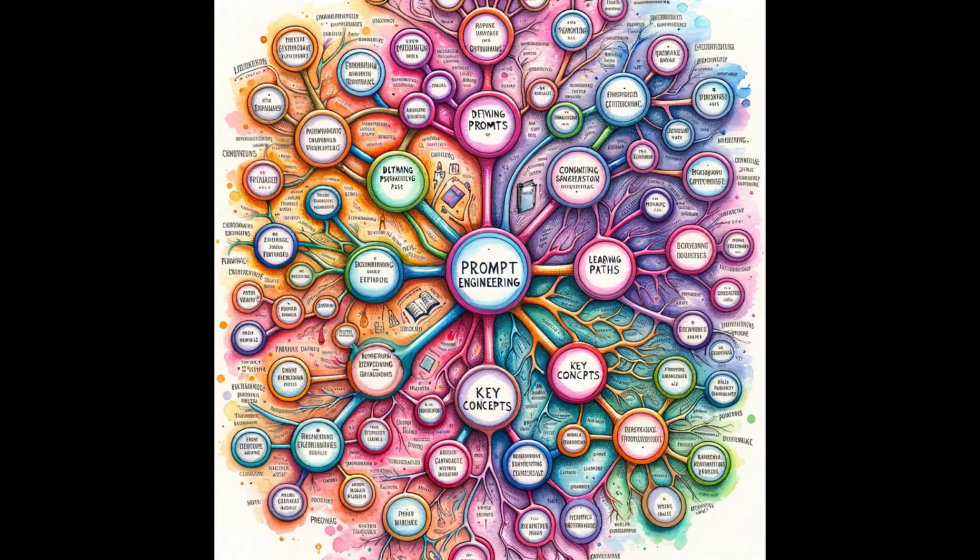Exactly. And the matrix is great because you can categorize everything by complexity, by use case, by which AI model you're using. Right, so you don't have to go digging through a million prompts to find the one you need. Right. And the repository part means that those templates are always up to date. They're constantly being refined. Yeah, it's a living, breathing resource. That's what's so cool about it.